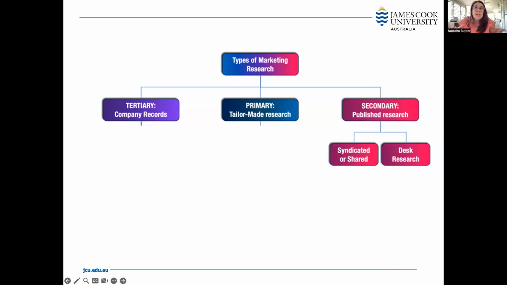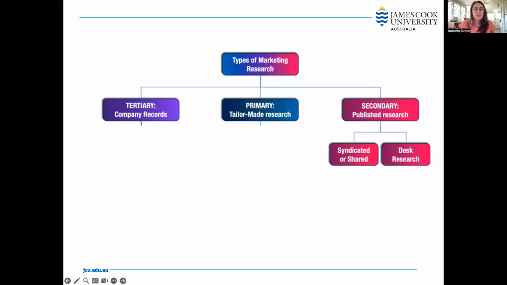So, for example, we can find out the scope of the size of the outdoor equipment market here in Australia by accessing the databases of those from IBISWorld or Statista. So each type of research, whether it be tertiary, primary or secondary research, might be the appropriate tool to use depending on the research question.